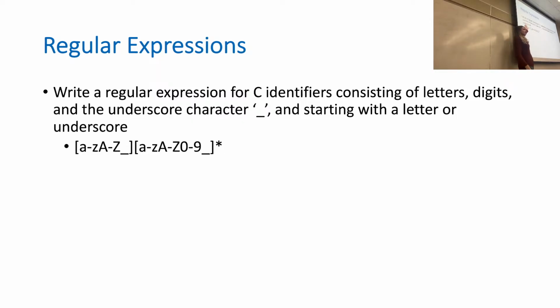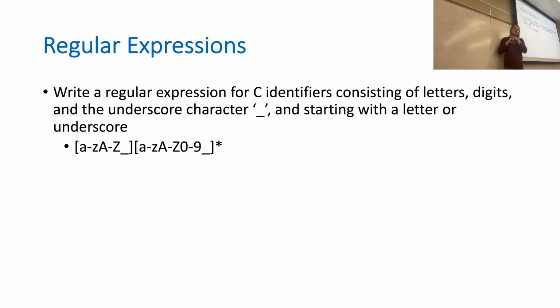So this is saying the first character of our string has to be a letter or underscore, upper or lowercase. The second set of square brackets is lowercase letters, uppercase letters, the digits 0 through 9, and the underscore repeated 0 or more times. This regex is C identifiers.